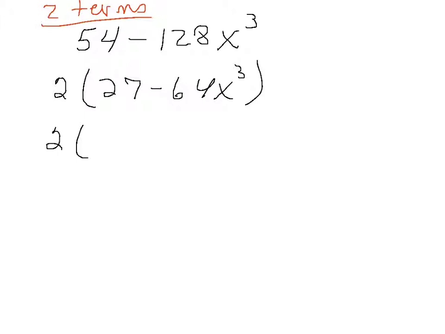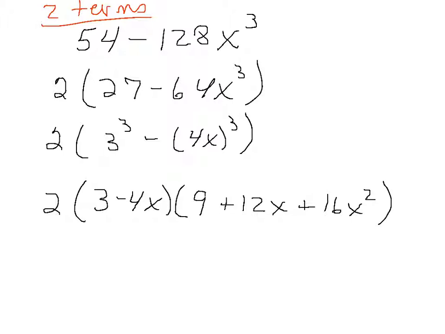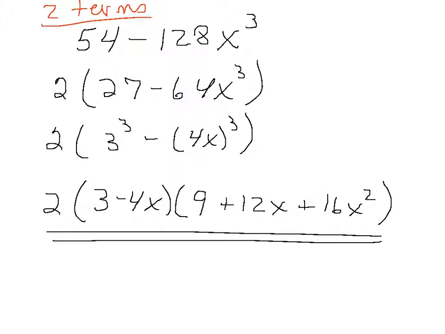And just to drive that point home, this is 3 cubed minus 4x cubed. See that? And so I use my formula for the difference of two cubes, and it's going to be 2 times 3 minus 4x times 9 plus 12x plus 16x squared. Okay, that's my formula for the difference of two cubes.